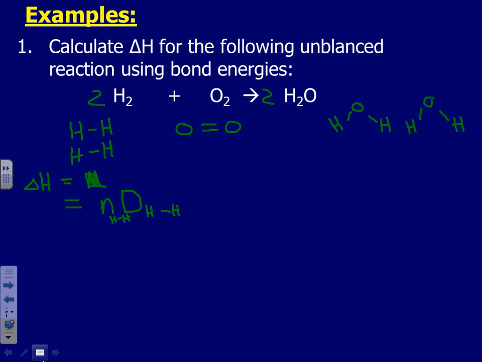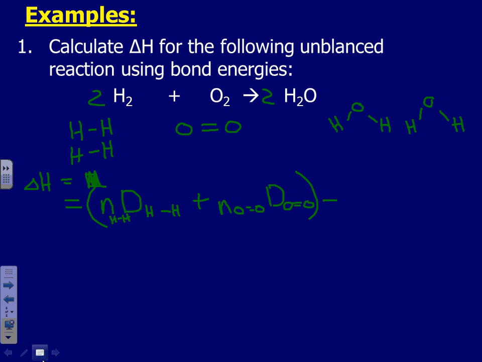And you know what? If you find you don't need to write this step down and you can just start writing down the numbers, that's awesome. But I'm just including it because it shows the steps that they do in the textbook, okay? Plus the N of the O bonds times the D of the O bonds. And that's all of the reactants, so we put that in brackets.